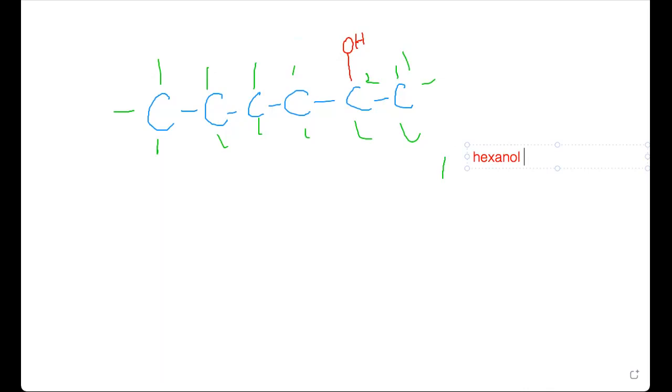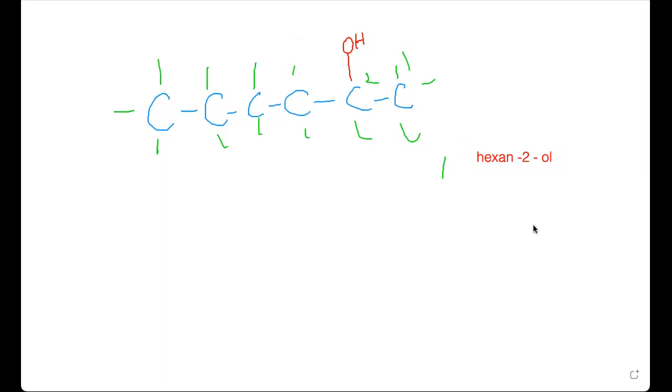But hexanol means there are 2 OH. So you have to mention it. 2 hexanol, but no, 2 hexanol means you have 2 hexanol chain. No, it will be hexane 2-ol. You should have a strong grip on this thing. This is hexane 2-ol.